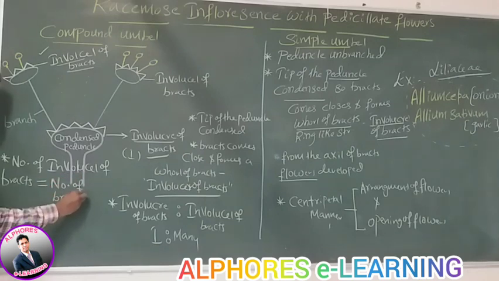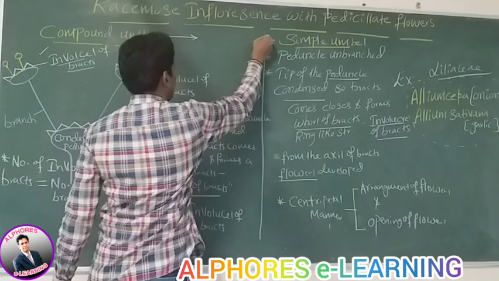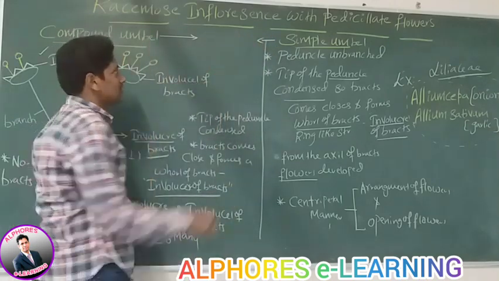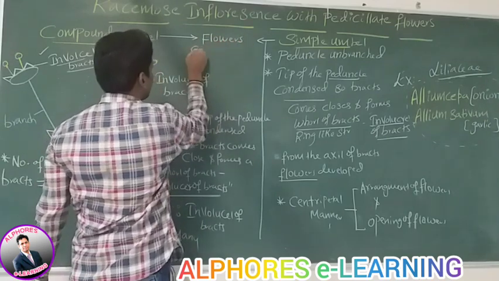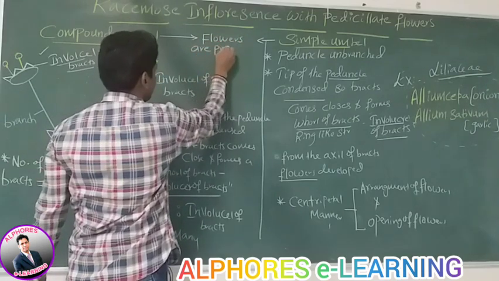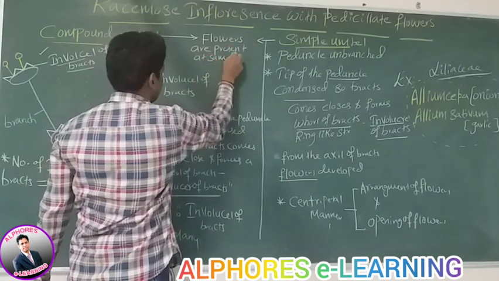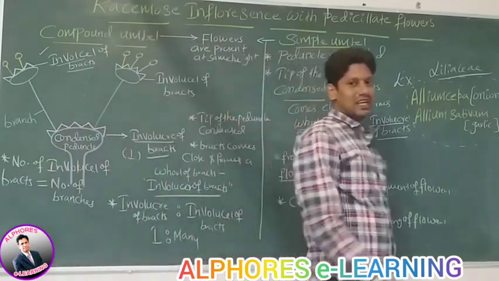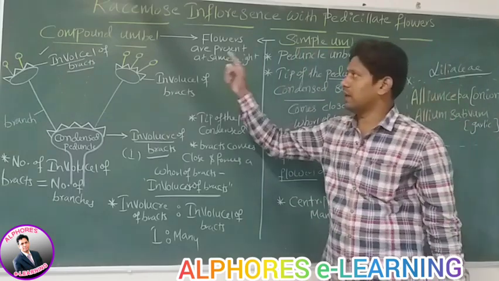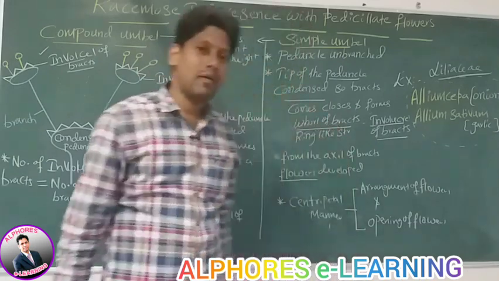In simple umbel and compound umbel, in both cases, flowers are present at the same height. Is it okay?